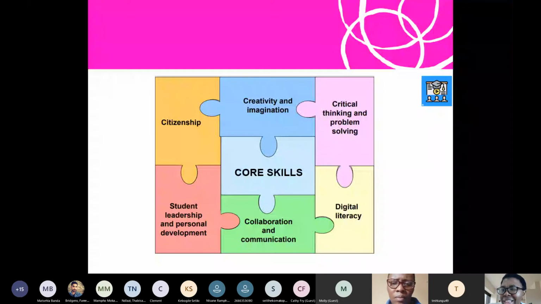Please don't lose any of the pieces. They are very, very critical, especially when we talk about learner development, when our focus is to ensure that our learners participate as global citizens. We need to have all the 6 pieces of the puzzle fitting together and fitting properly.